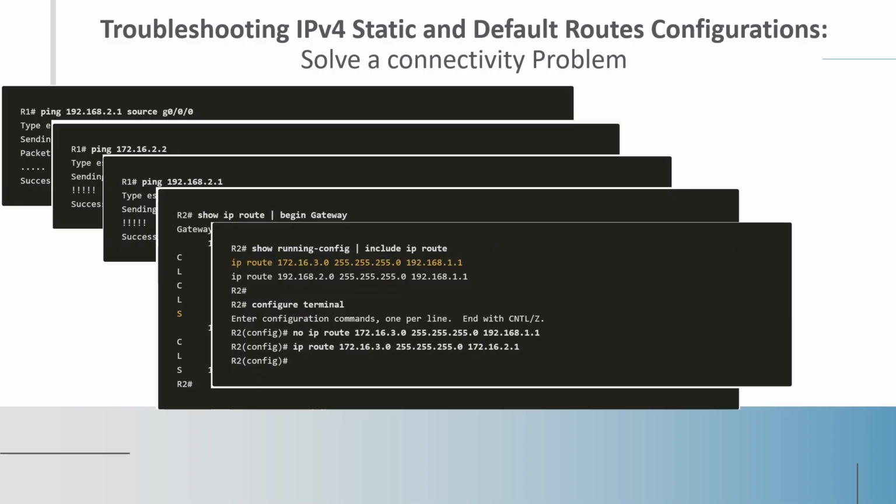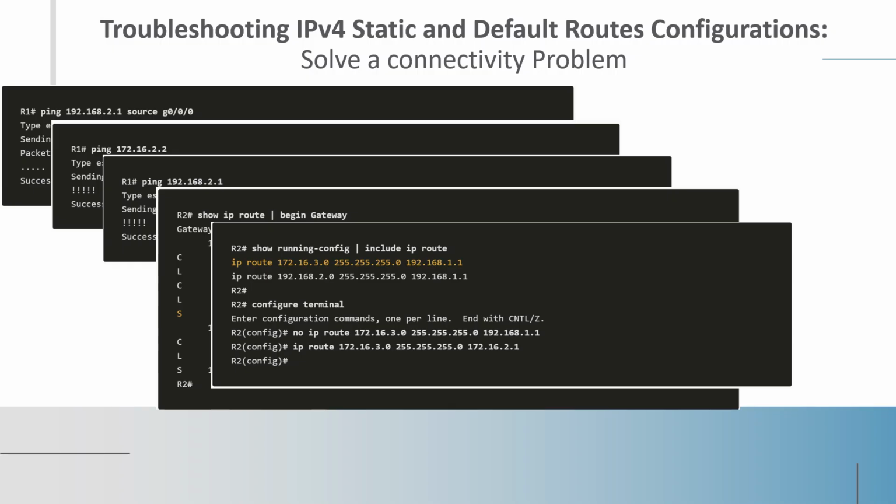So what we will do is correct the router 2 static route configuration. We have to remove the incorrect IP route statement. The incorrect route is removed and the correct route is added, which means we go to router 2 global configuration mode and use the no ip route 172.16.3.0 command followed by the subnet mask and the next hop IP address, which was incorrect.